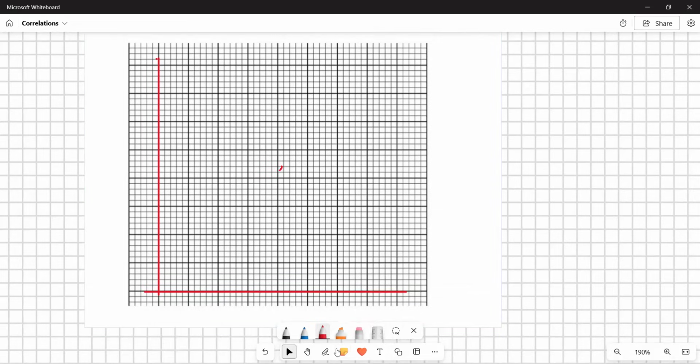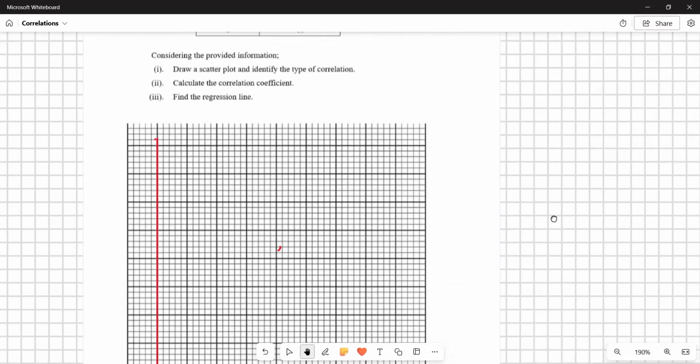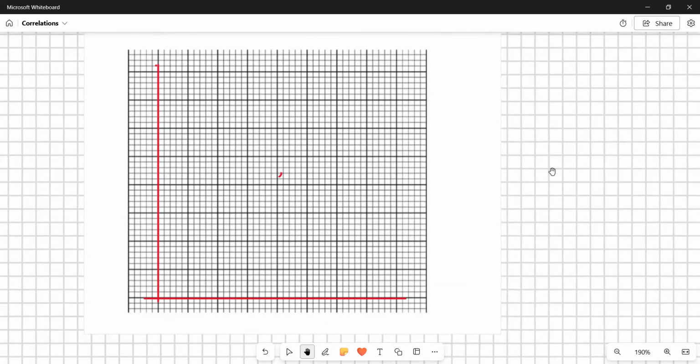Again, I check my things, and these are the axes. 1 up to 6 is okay. Then mark the scale. This is my 1, this is my 2, this is my 3, this is my 4, this is my 5, this is my 6. We can terminate the axis from here.